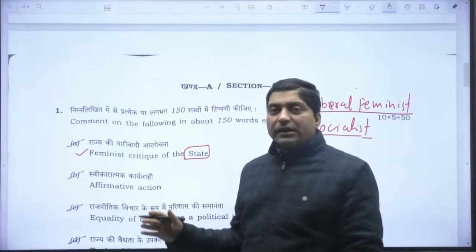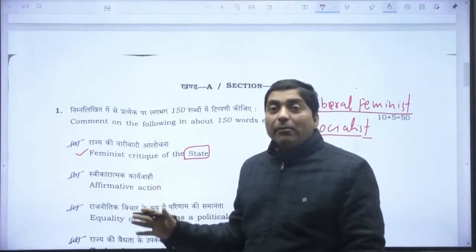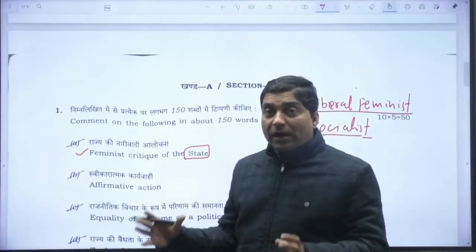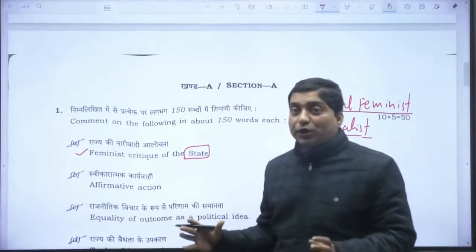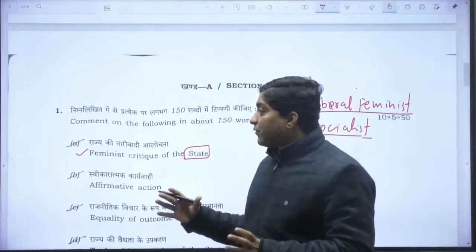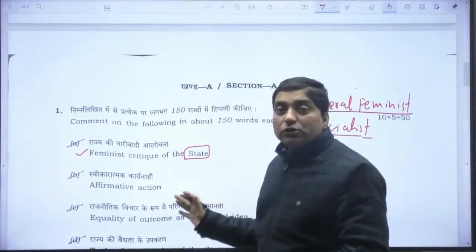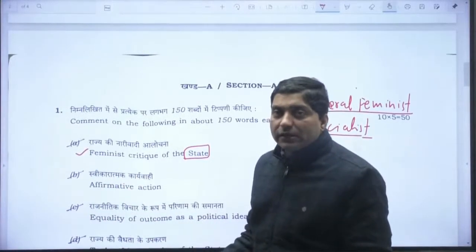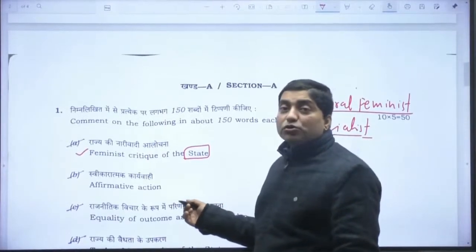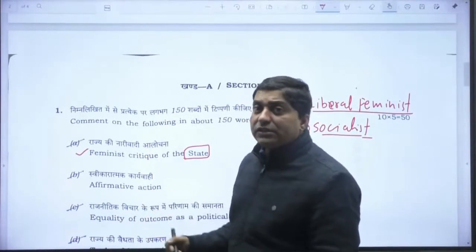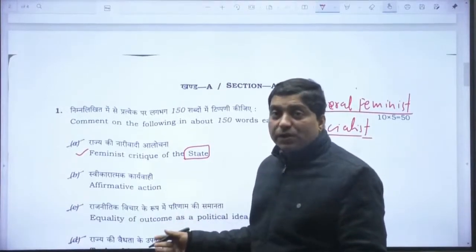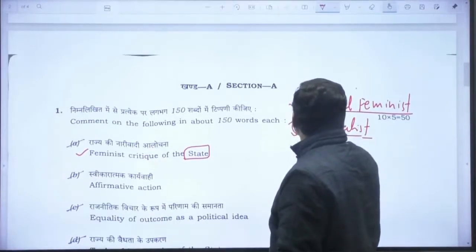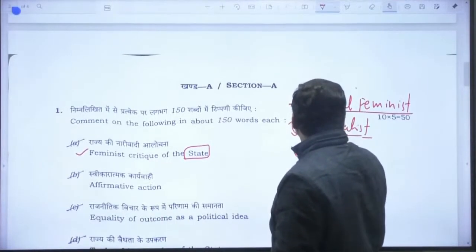It has left the family on its own. But family is a root of patriarchy, of unequal power structure, and of exploitation. So the state has concentrated only on the public sphere and neglected the private sphere, that is the family. Then they called for the personal is political, that the state should intervene in the private sphere, that is the family. So those are the three criticisms: radical feminist, socialist feminist, and liberal feminist.